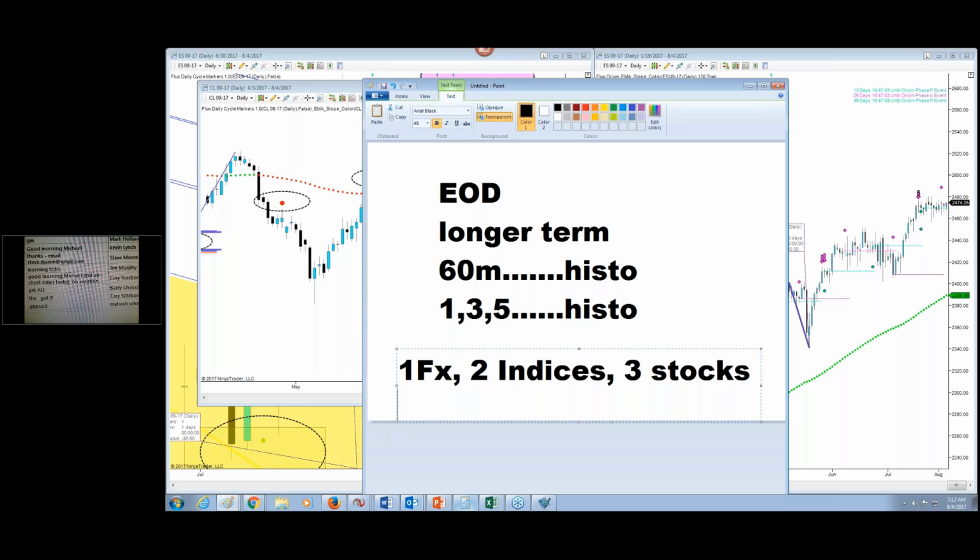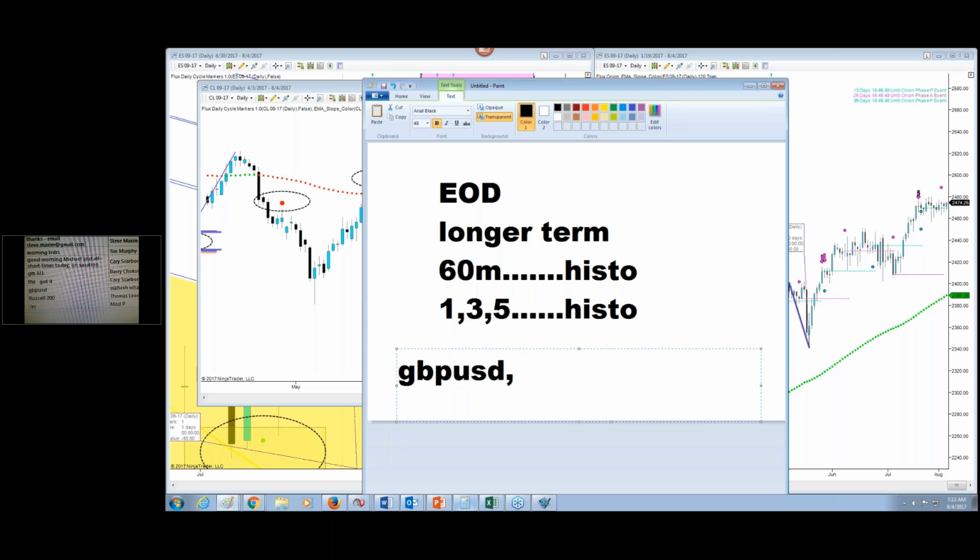Okay, so Mahesh says pound dollar, GBPUSD. Thomas, I don't have a Russell data feed, unfortunately, otherwise I'd be all over that. ES. What else?